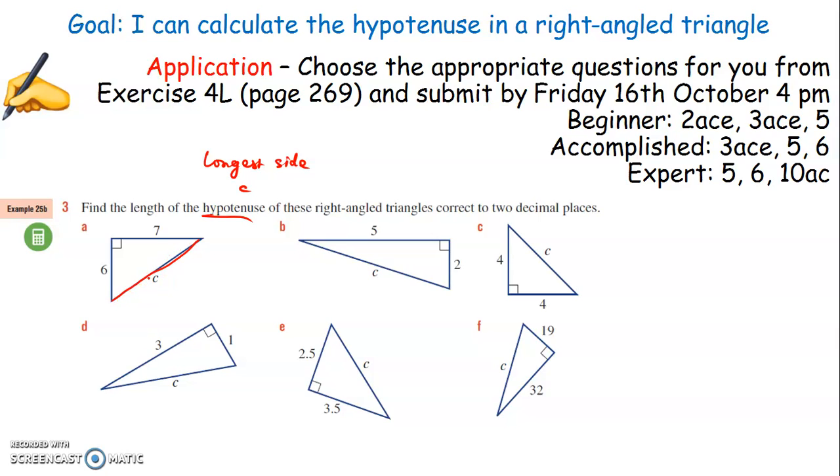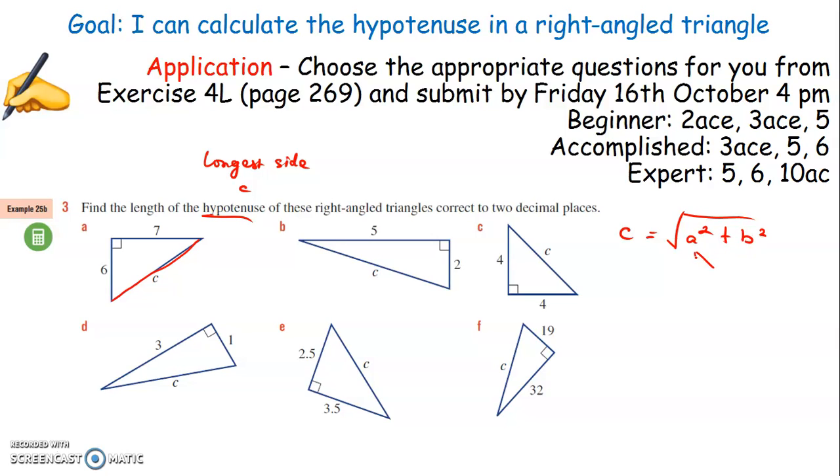I do apologize for the badly drawn line here. We have a really simple formula used to calculate C. It is the square root of A squared plus B squared.